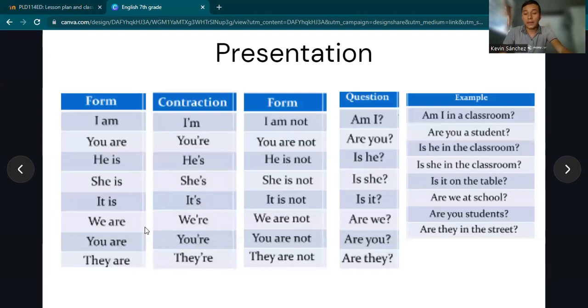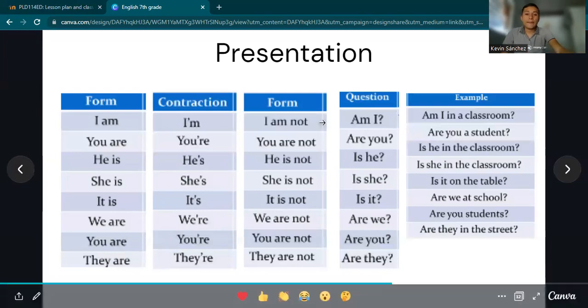Please don't forget this. We are, no. If you say we am or we is, that is a mistake. Please do not say that. We are. The contraction is we're. Then we have you are, you're, and they are. They are becomes they're. Then we have the negative form to say you are not that, okay?